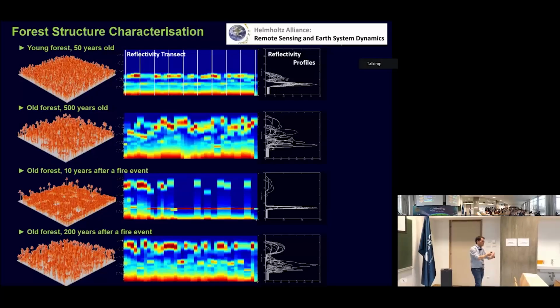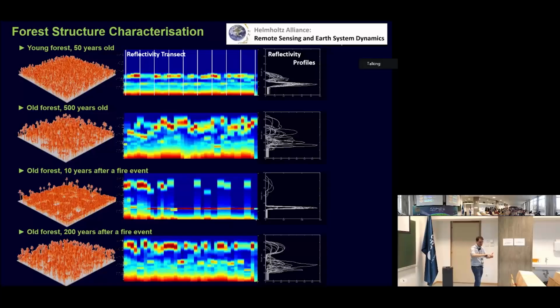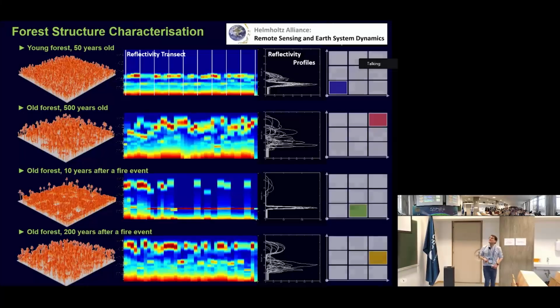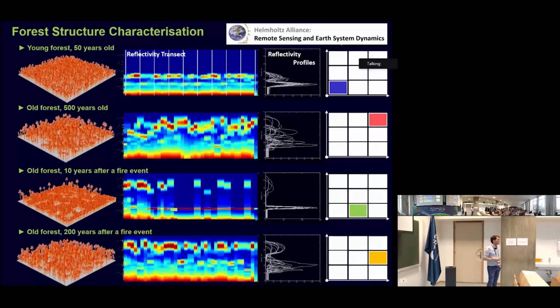Basically one expresses how heterogeneous your forest is in the horizontal direction, so in principle how much the profile varies from one cell to the next, and the other how heterogeneous it is in the vertical direction, so in principle how many peaks you have here. And then you can represent the different stands in this horizontal and vertical structure matrix.